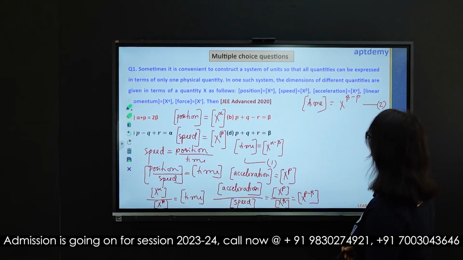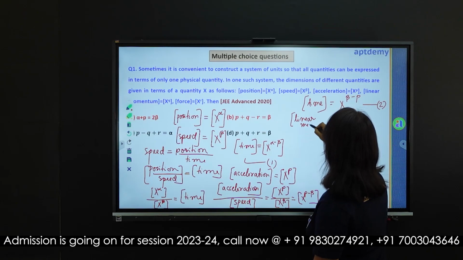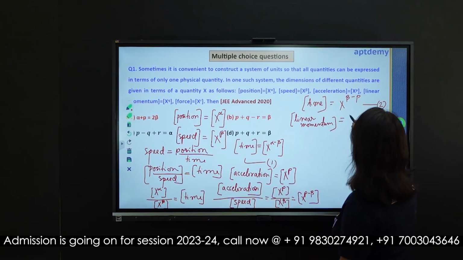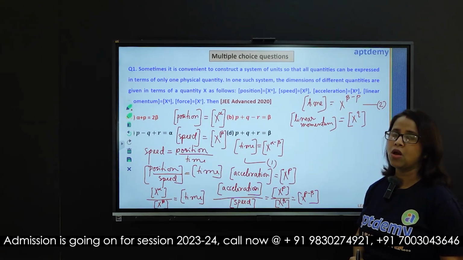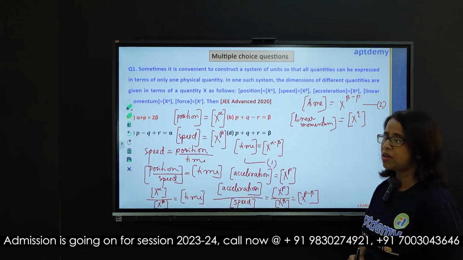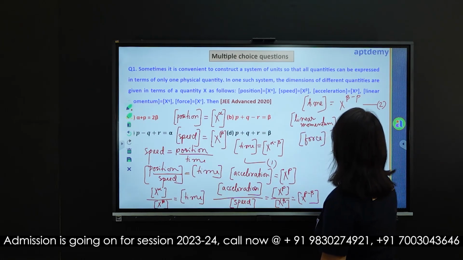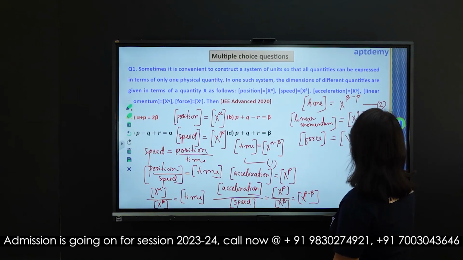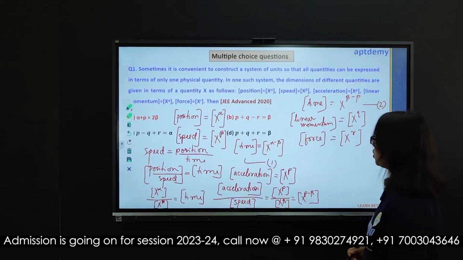Now time for the last relation that we have. We have linear momentum, the dimension of it as x to the power q. Try to recall, linear momentum is nothing but mass times the velocity, and we have force, the dimension of force expressed as x to the power r, and force is nothing but mass times the acceleration.